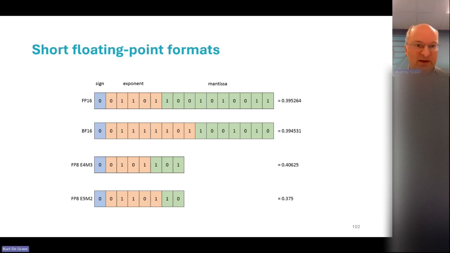And in LLMs, these are both used. For inference, you typically use the former. And for training, during backpropagation, you need more range. So you have to use the latter, or it's often better to use the latter.